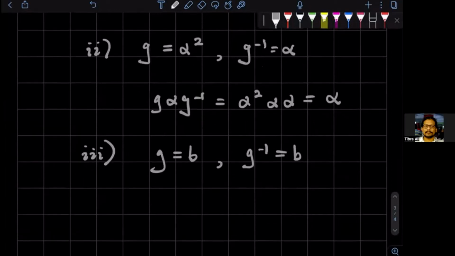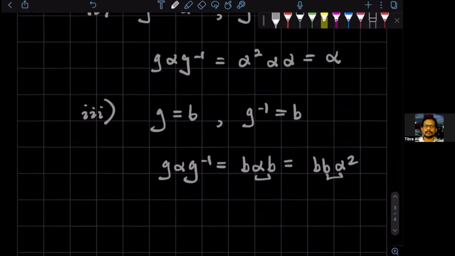Then G alpha G inverse is B alpha B. But we know that alpha B is equal to B alpha squared, right? So this is going to give me B squared alpha squared. But B squared is E, so this is alpha squared, right?